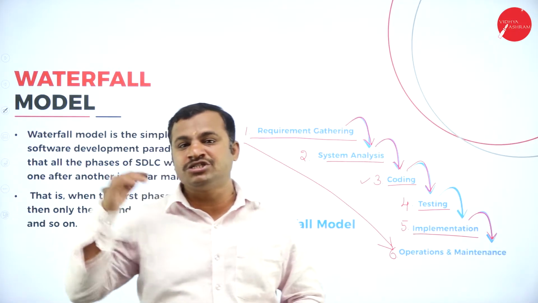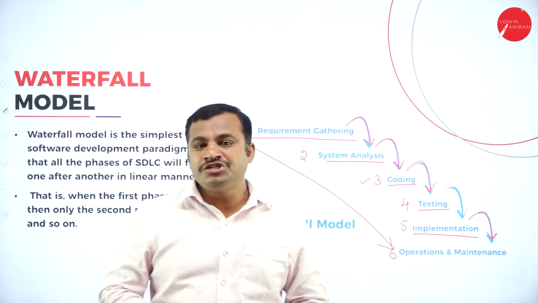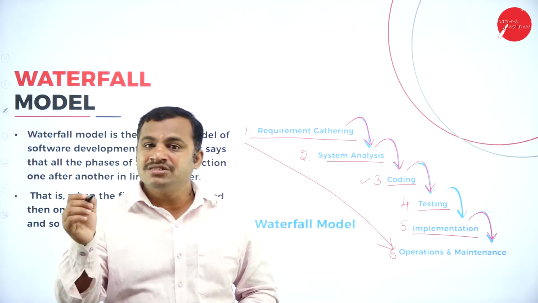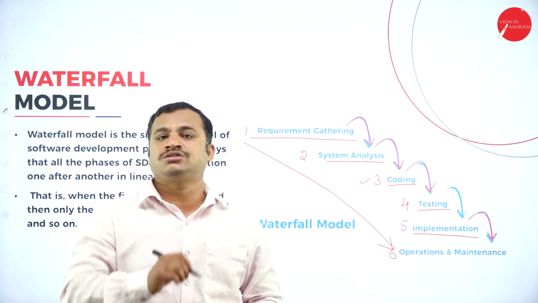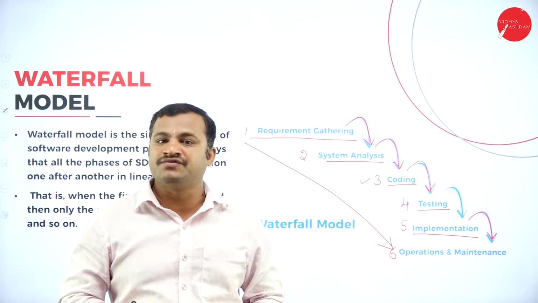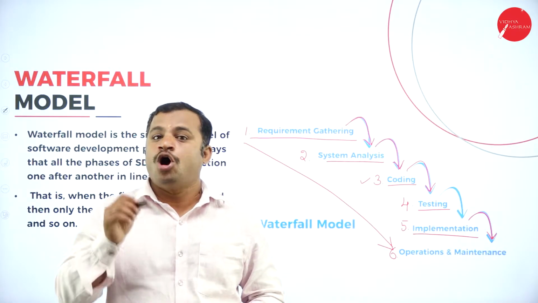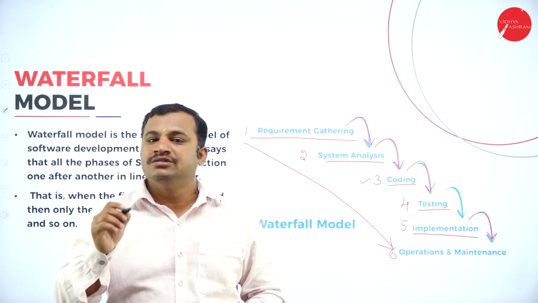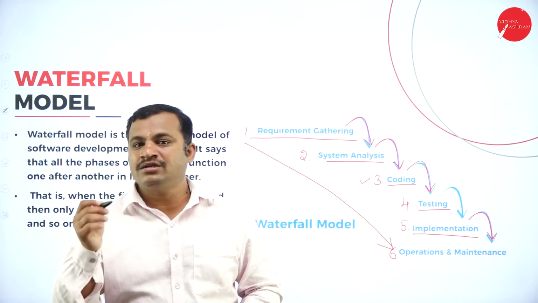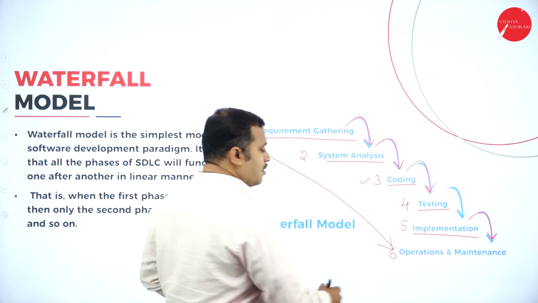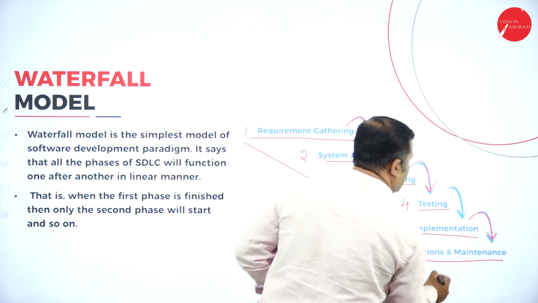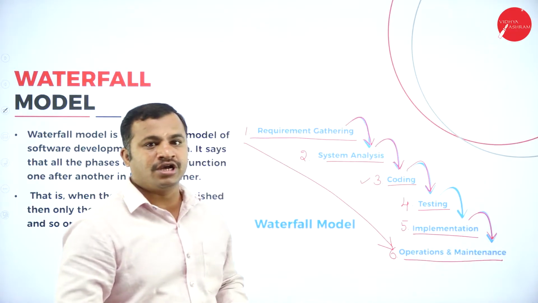In the previous sessions, I have mentioned that transitional is one of the important good characteristics of a software development life cycle. The second one is operational, and the third good characteristic is maintenance. So among all these things, we have the operations and maintenance as well. So we are going to check all these things.